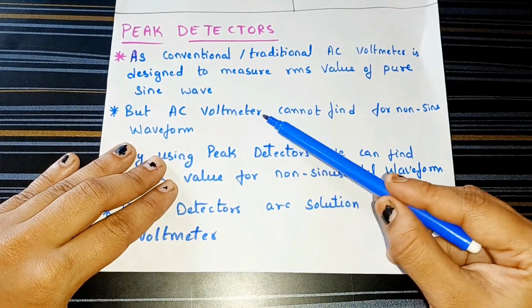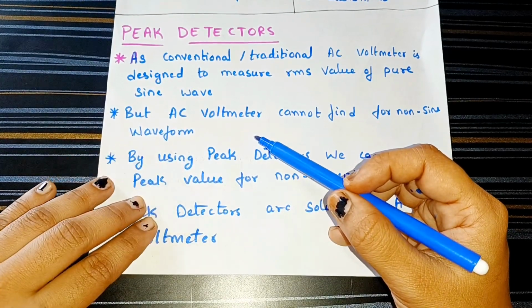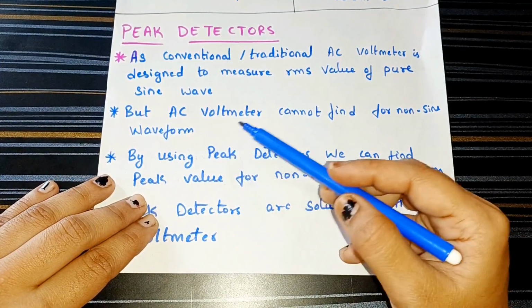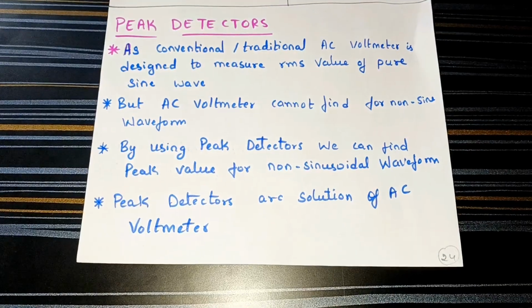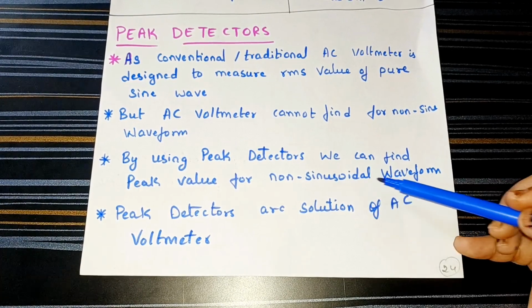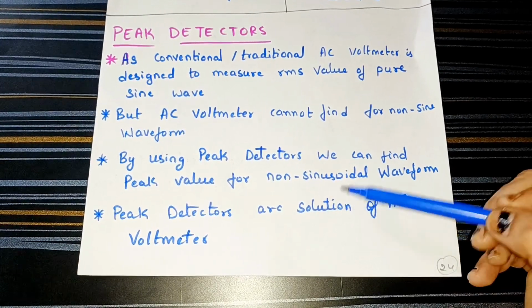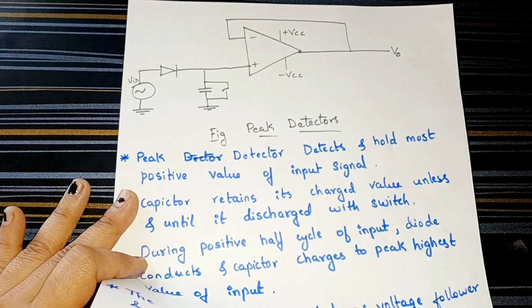But an AC voltmeter cannot handle non-sine waveforms because it was not able to calculate values for non-sine waves. By using peak detectors, we can find the peak value of non-sine waves, and peak detectors are the solution to the AC voltmeter's limitation.